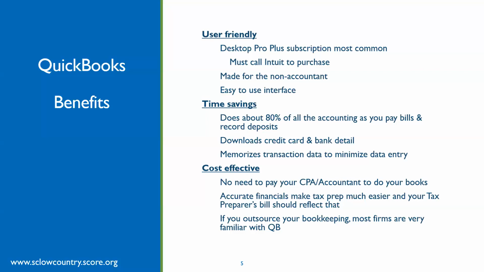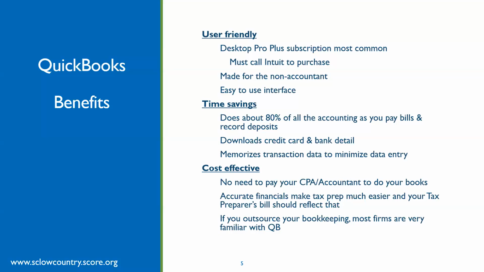Last year, in 2022, they went from a desktop version that you only really had to buy maybe once every 3 years before you started losing some of the external features like bank feeds and downloading credit cards, at about $300 a pop every 3 years.